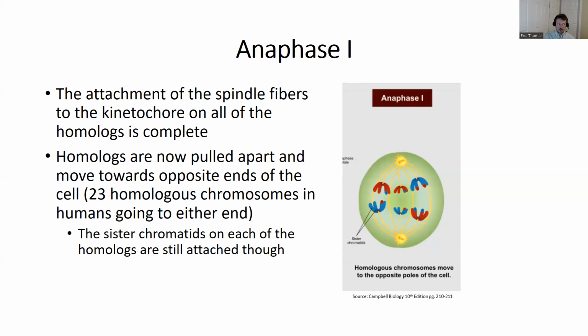So this process is describing how we get to just one set of chromosomes in the cell, i.e. haploid. We can describe it as haploid.